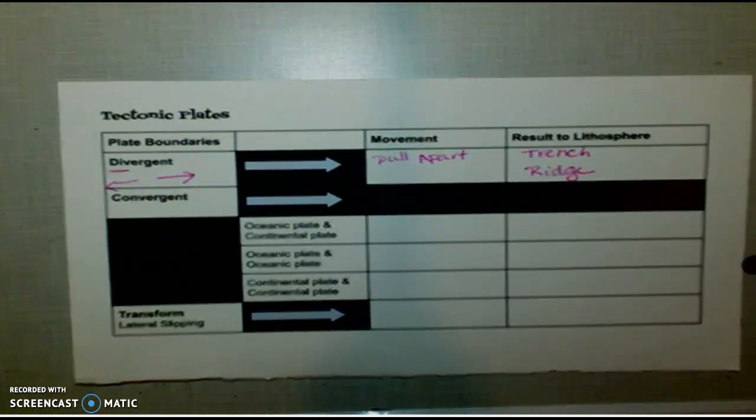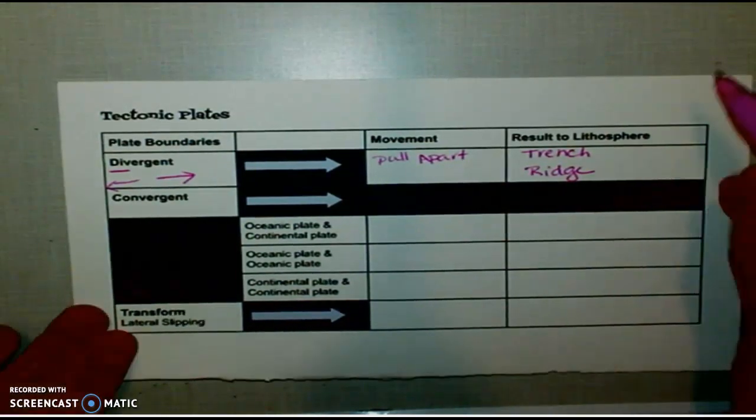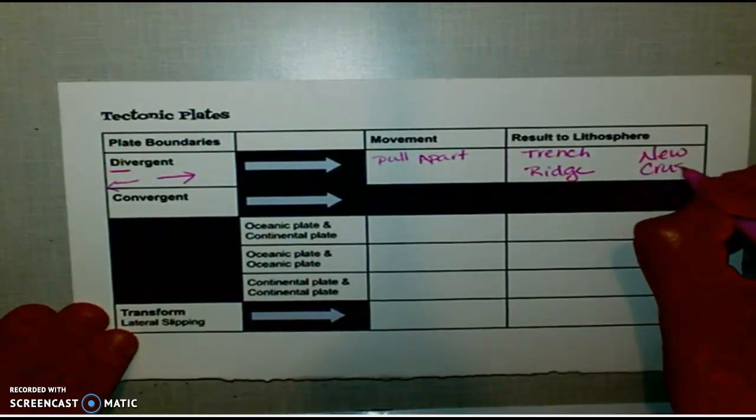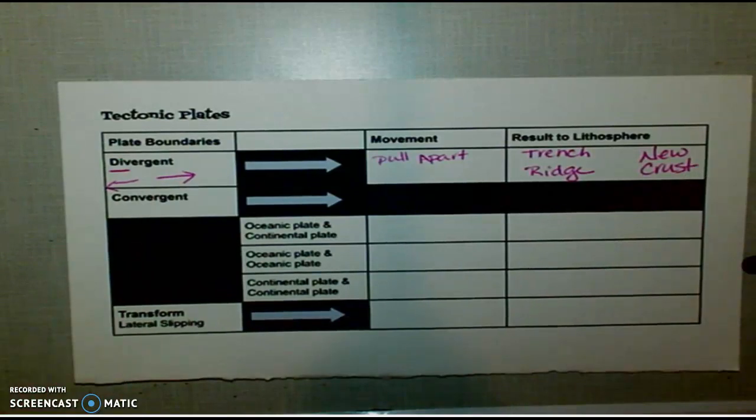Magma will come up and fill in between. And so what you end up getting a lot of the time is new crust. So we want to make sure that we get a trench, a ridge, or new crust. Usually that happens in the ocean. Most of that happens there in the oceans.